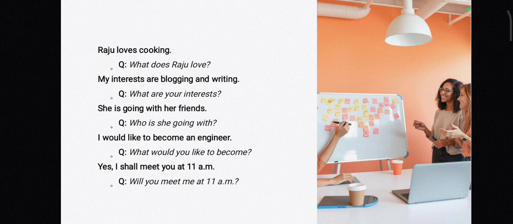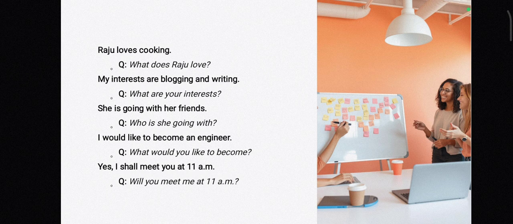So the auxiliary verb that you have to use in simple present tense is does or do. The question that you need to frame here is, what does Raju love? Next one, my interests are blogging and writing. I want to know your interest. How will I ask, what are your interests?